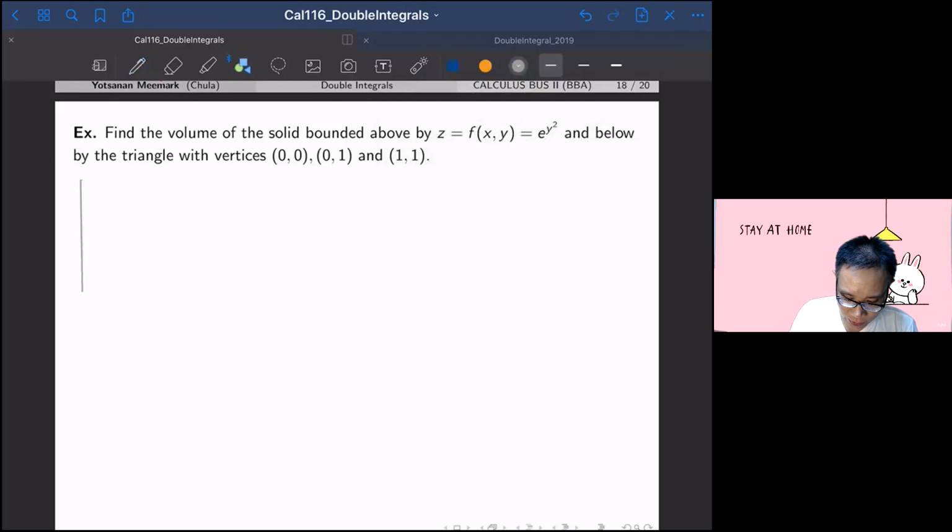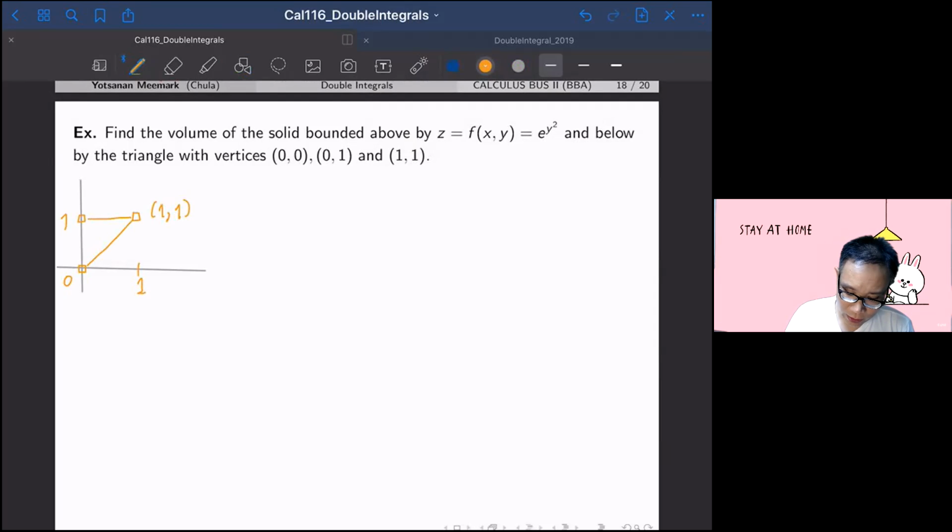So you're going to graph the region for me. You see that you have (0,0), (0,1), which is going to be on the y axis, and (1,1). So it's going to be three points like this, with (1,0) and this point (1,1). The triangle that you have is this triangle.